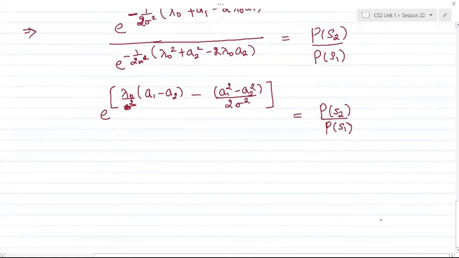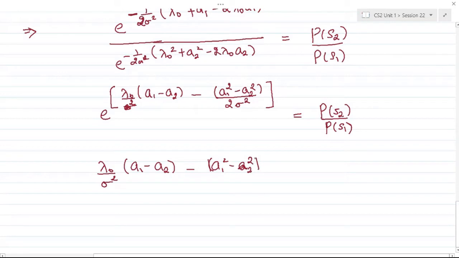Fine. To eliminate this exponential term, I can take a natural logarithm on both sides, such that this will become lambda naught by sigma square of a1 minus a2, minus a1 square minus a2 square over 2 sigma square, is equal to natural logarithm of this ratio P of S2 over P of S1.